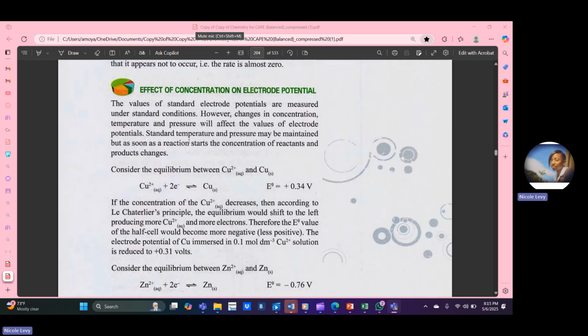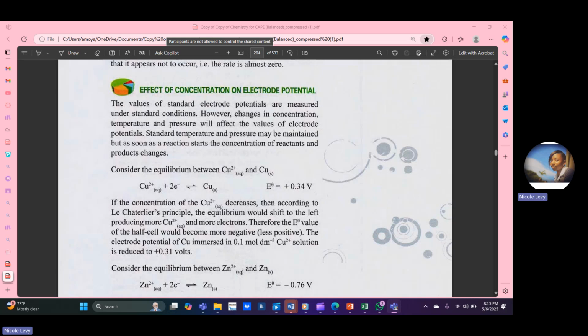The standard temperature and pressure may be maintained, but as soon as a reaction starts, the concentration of the reactants and the products change.